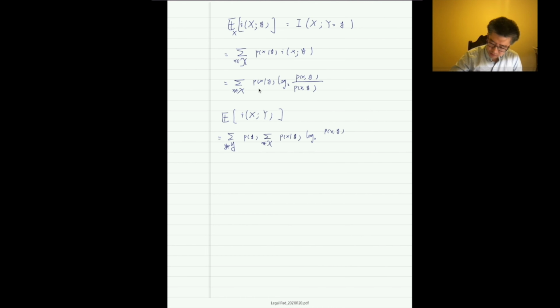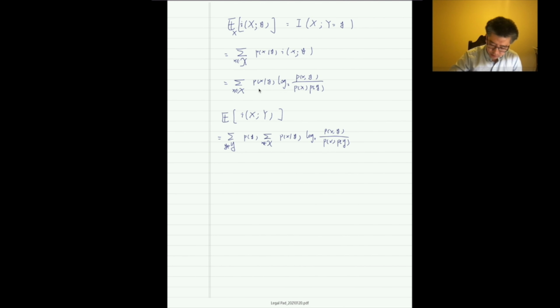Oh, here I made a mistake, so be careful: pxy over px py. Okay, good. After this, similar as before, let's do some rearranging.